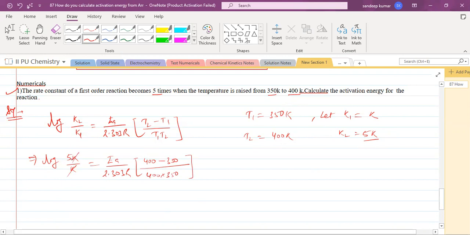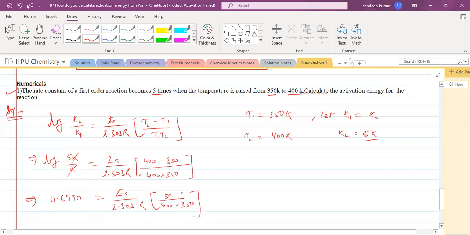Log 5 value, approximately you can take 0.7, or the exact value is 0.6990. So if you substitute log 5 as 0.6990 and solve, EA upon 2.303 R, 400 minus 350 is 50, by 400 into 350.